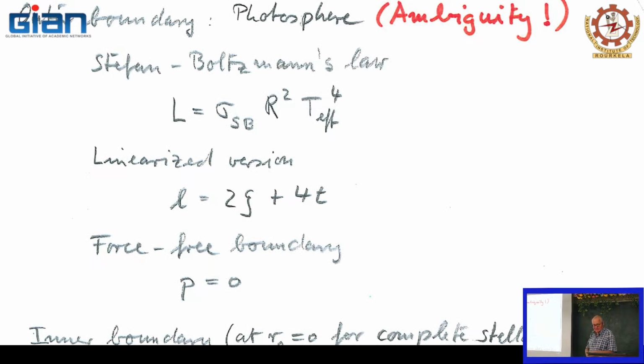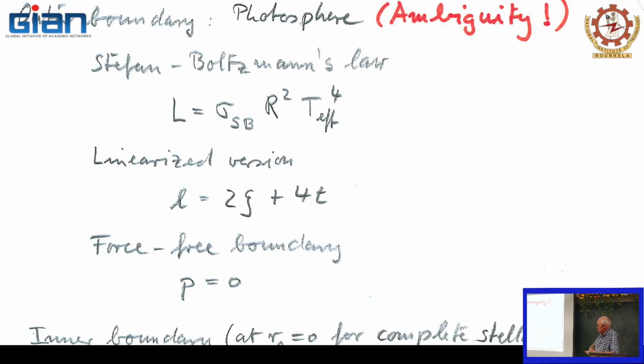Why do we say that there is an ambiguity? There are many boundary conditions available for the outer boundary, because the outer boundary of our model is not the outer boundary of our star. If it was the outer boundary of our star, we would have to require some physical boundary conditions.